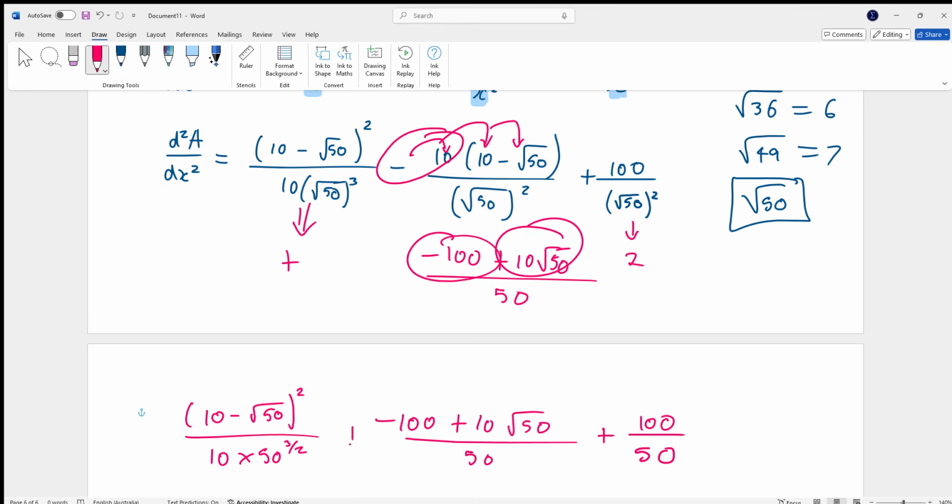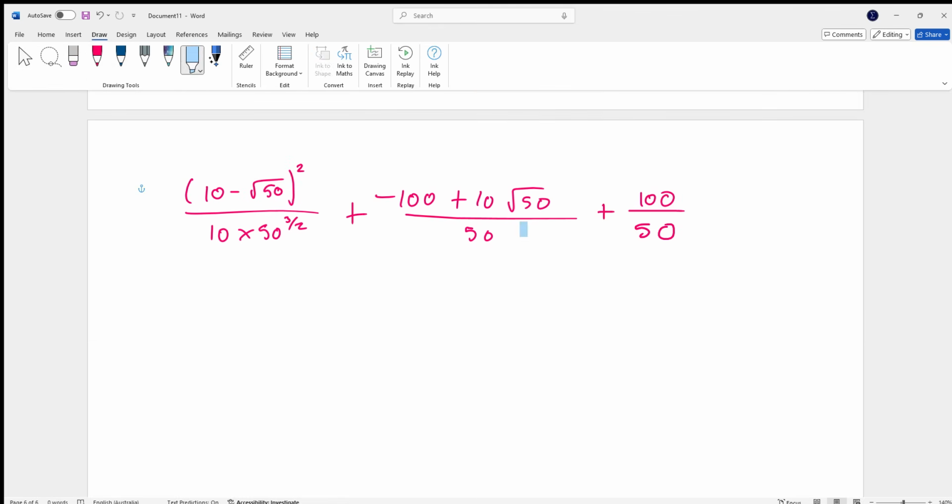So you have an addition here. Now the reason why that's good for us is because this and that will cancel out very nicely. Okay. So here, if you put them over one denominator, you would only have 10 root 50 over 50 there. And then you have plus, and this bit here we know is positive.